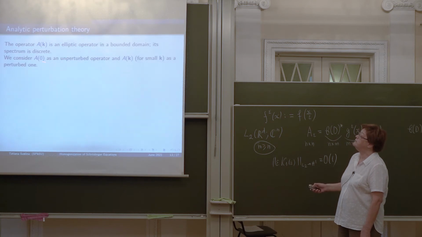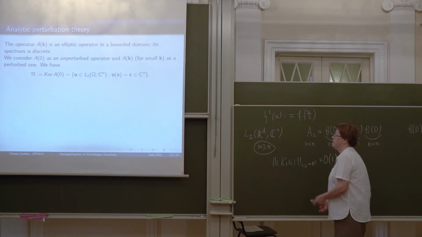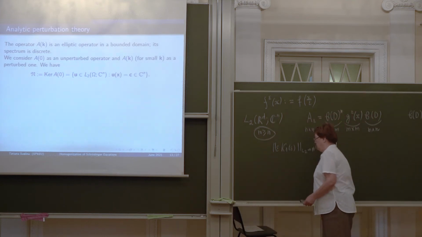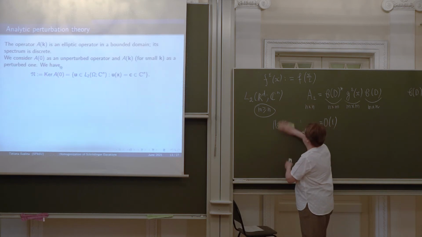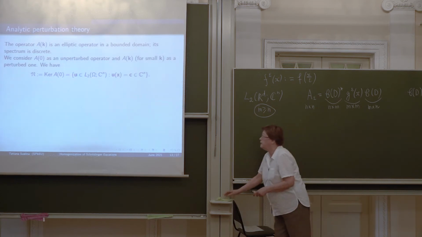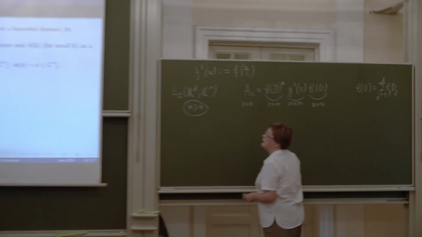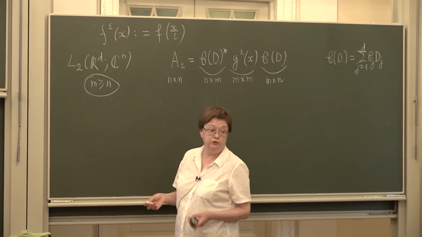We consider A of 0 as an unperturbed operator, and A of k for small k's as a perturbed operator. The kernel of the unperturbed operator is denoted by Gothic n. This kernel consists of constant vector-valued functions.